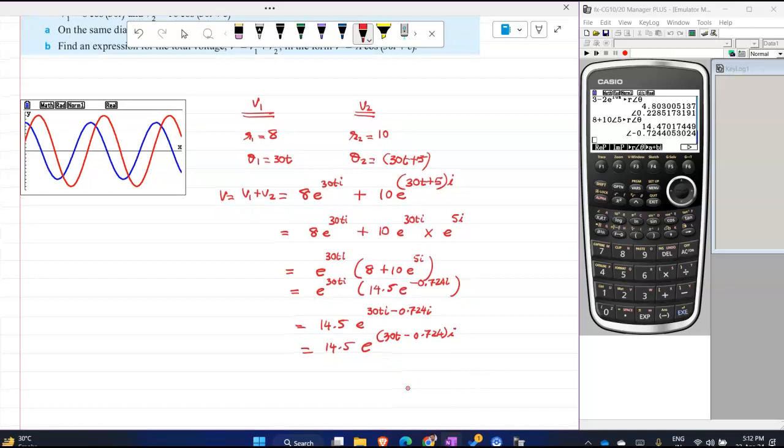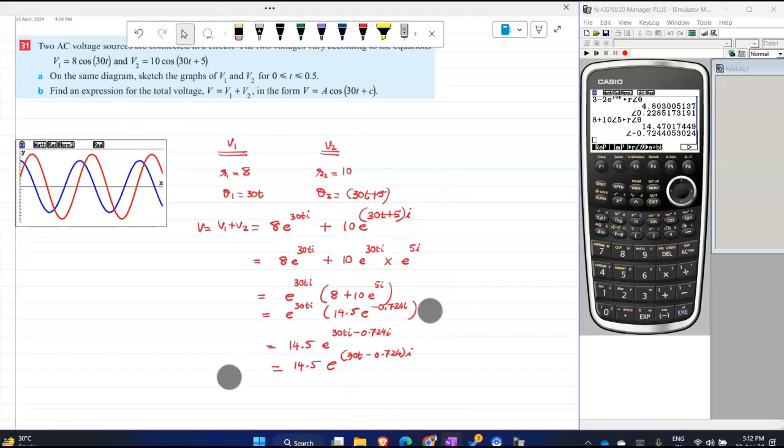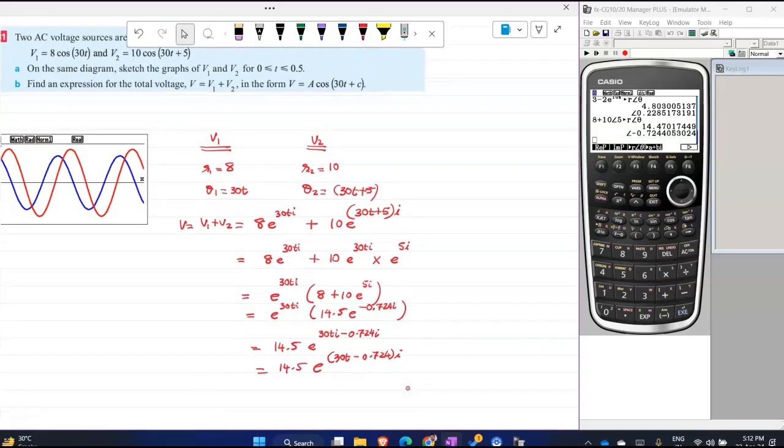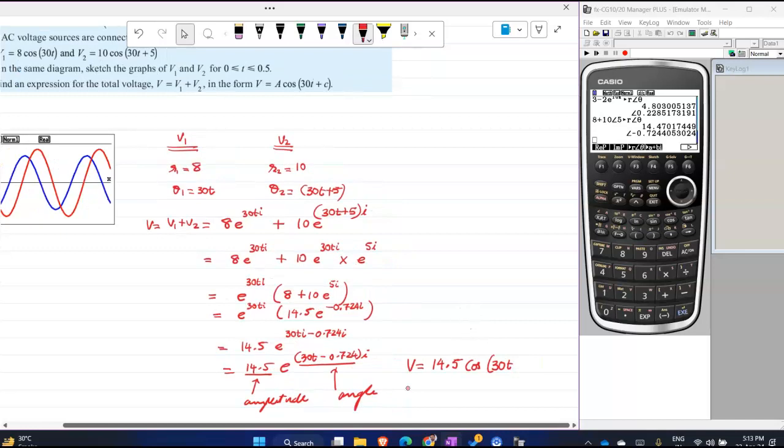So what's your combined amplitude? This is your combined amplitude and this is your combined phase angle. Correct? So therefore your v is equal to 14.5 cos(30t minus 0.72). That's your answer.